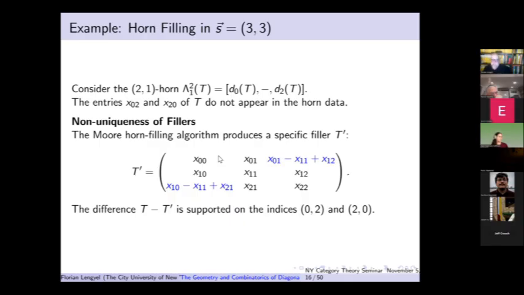If you take the difference between the original tensor we started with and this filler, what you find is that all of these are zero, of course, and you'll find the support is on the indexes 0, 2, and 2, 0. And one way to look at that is to think of the horn kernel.